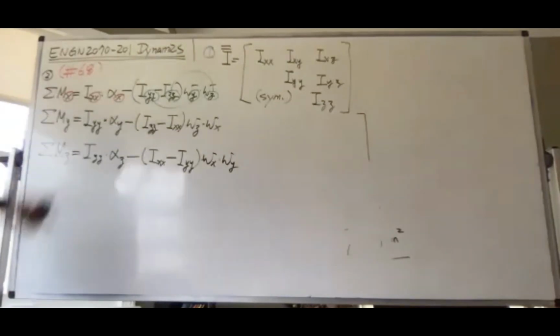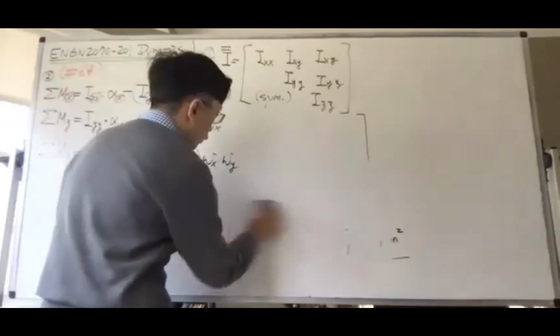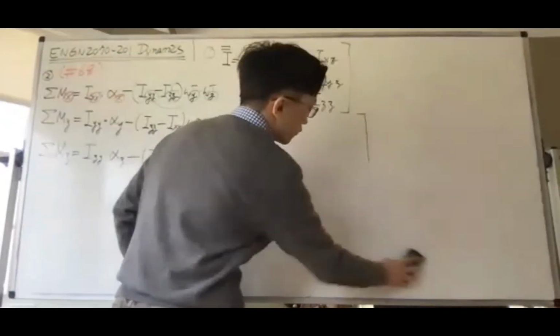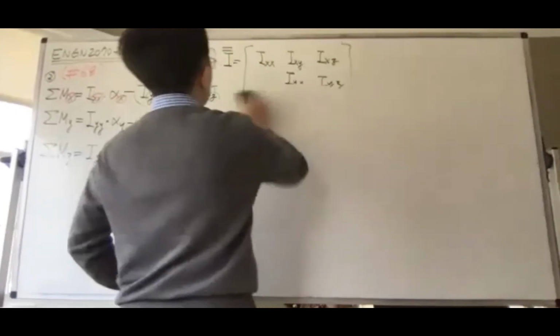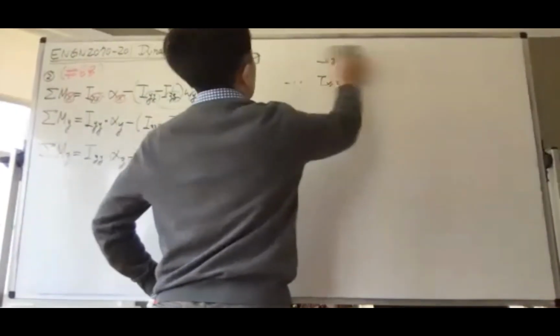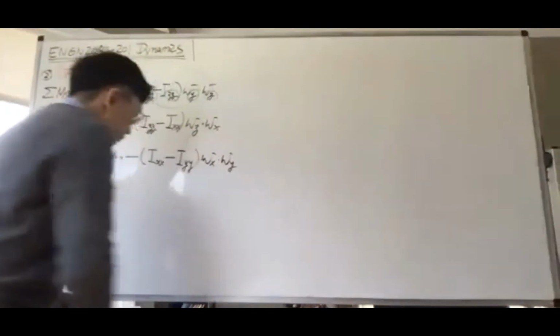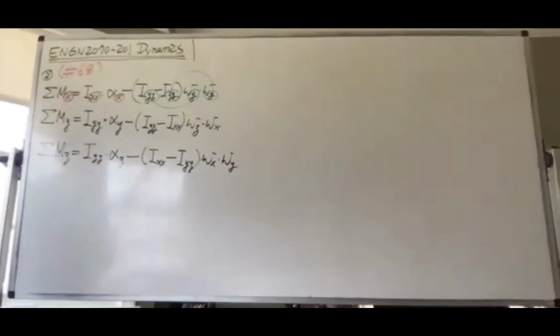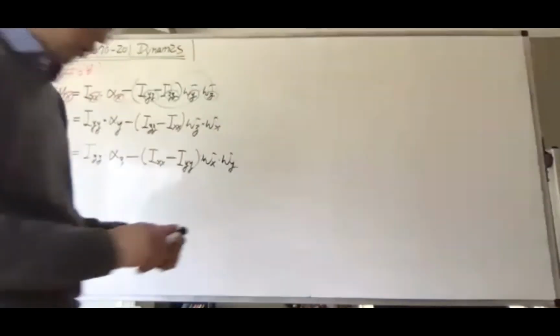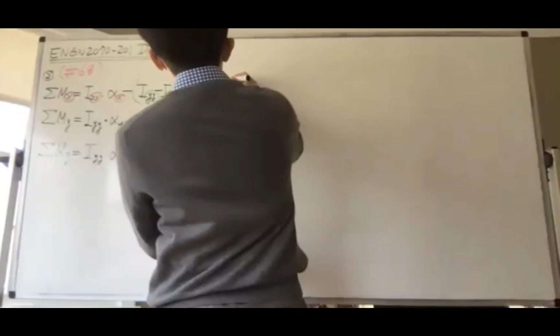Then we can look at this one at a time. If we look at the x component to see the moment equilibrium, take the first one. What do we have here? Look at the moment equilibrium.